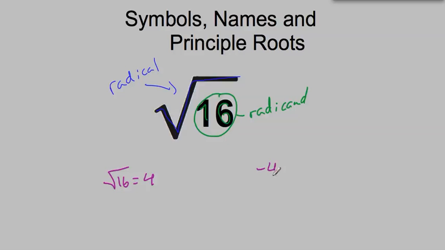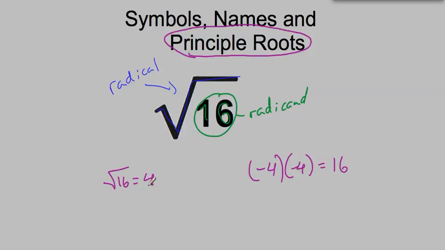What if I did negative 4 times negative 4? That would also give me positive 16.